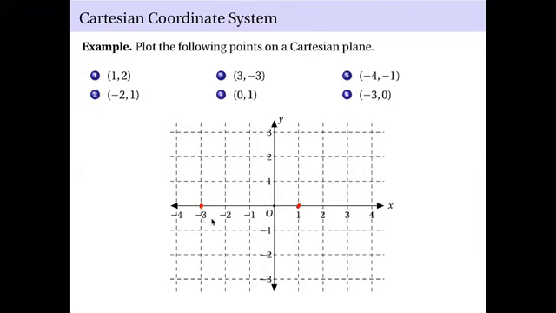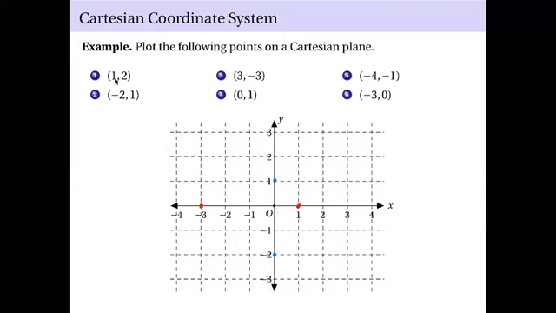Similarly, for the y-axis, this one is 1 unit above the origin O. And this one is labeled -2, 2 units along the y-axis below O.